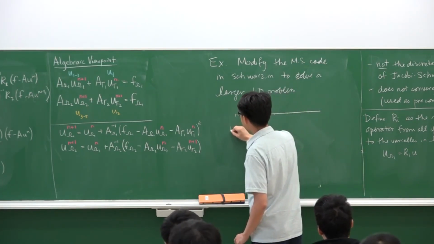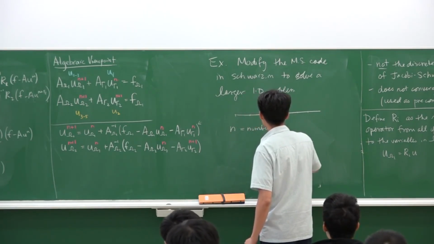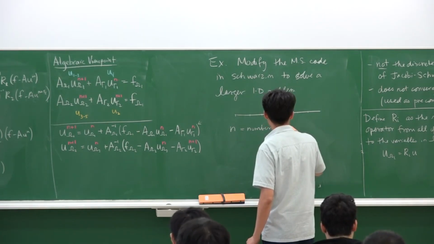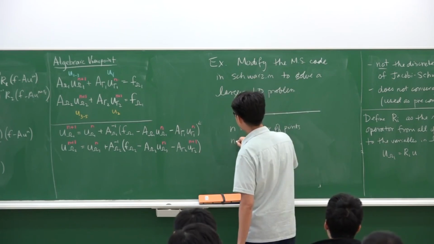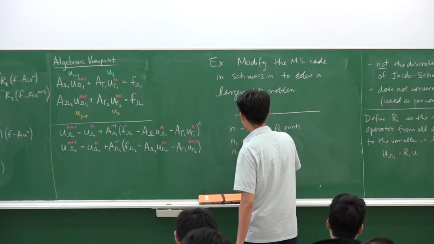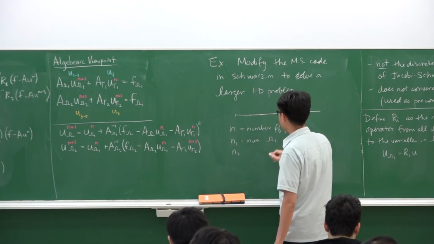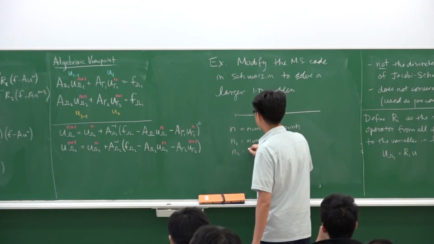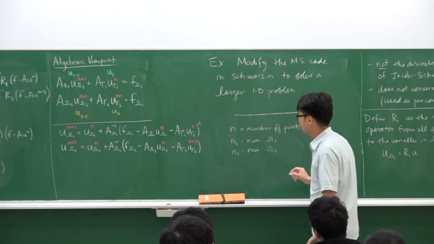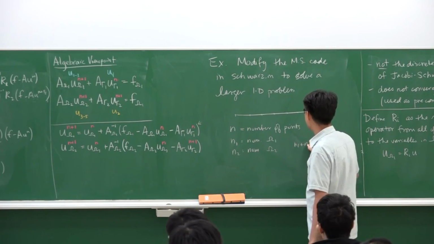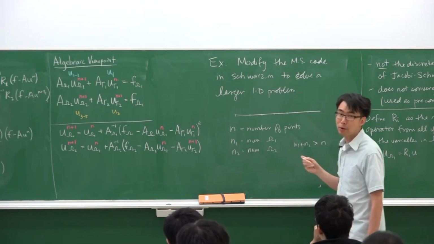So your input should be n, which is the number of grid points in the problem. And then also n1 and n2, which is the number of points in the first subdomain and the number of points in the second subdomain, and n1 plus n2 should be greater than n so that we have some overlap.